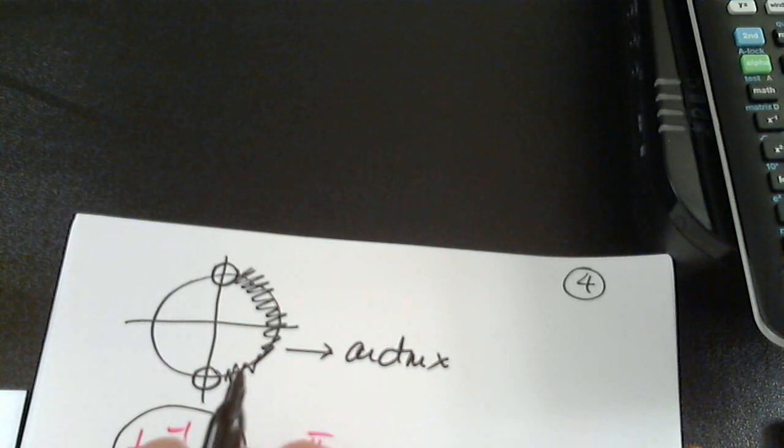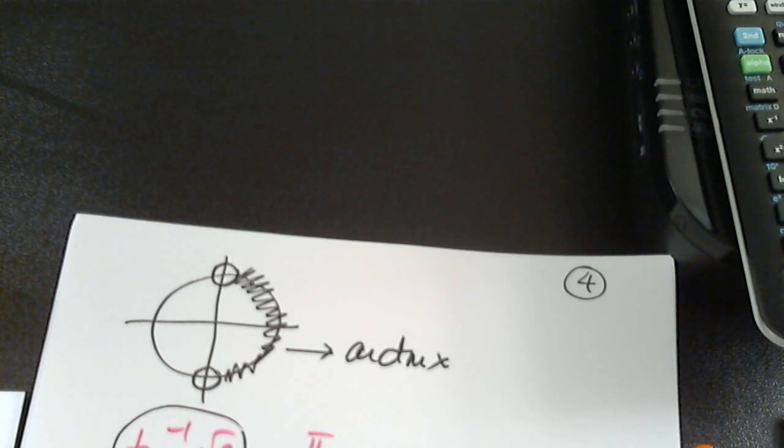So this is asking us, find the angle whose tangent is the square root of 3. So tangent inverse of the square root of 3 means find the angle whose tangent is the square root of 3. And I found it, because tangent pi over 3 is the square root of 3.